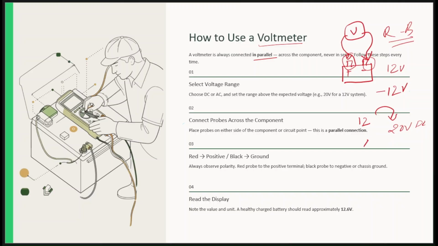If it is AC, then select the AC voltage accordingly and make sure that you are connecting it properly with the polarity. Read the display. We will learn about how to measure the voltage in detail in the subsequent lesson when we learn about the multimeter usage.